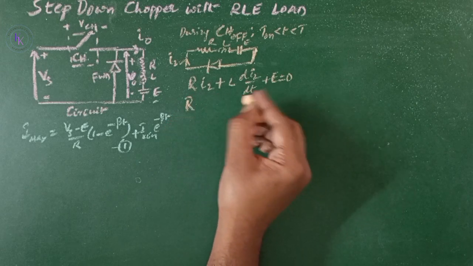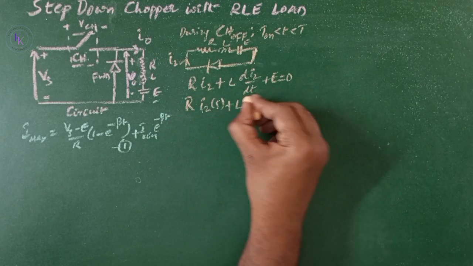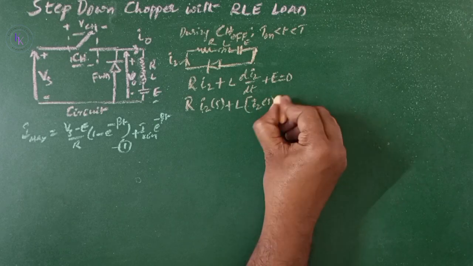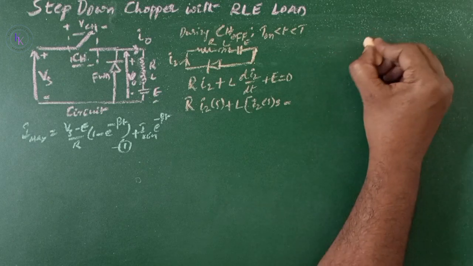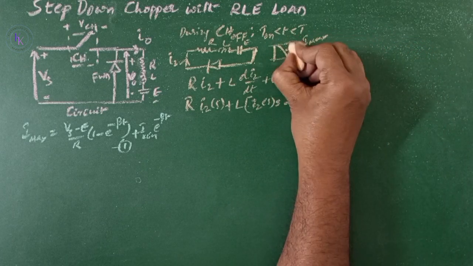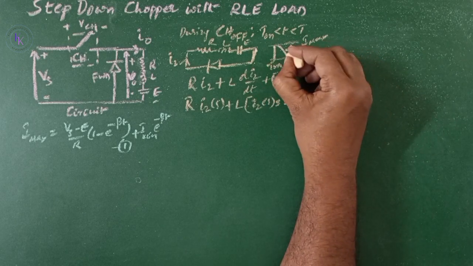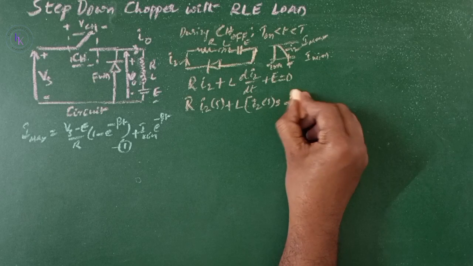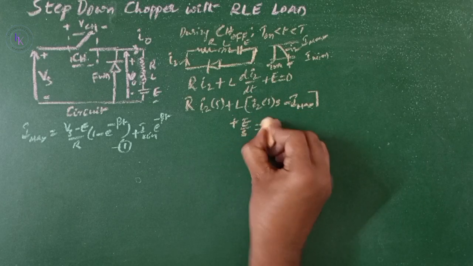Taking the Laplace transform, R I2 of S plus L times S I2 of S minus the initial value of I2. When you observe the waveform, this is I max for I2 at T on time, and this is the minimum value. The initial value is I max, plus E by S equals 0.